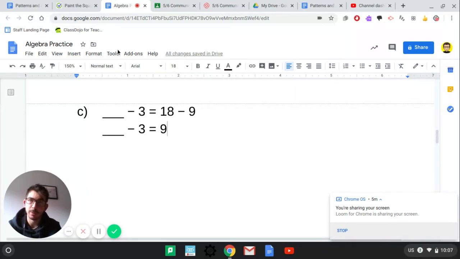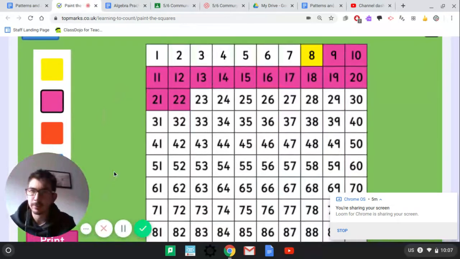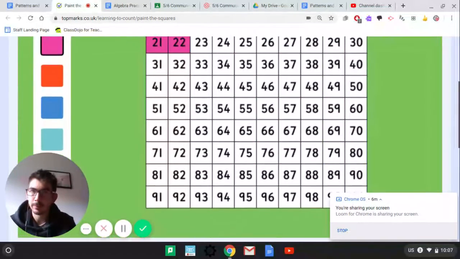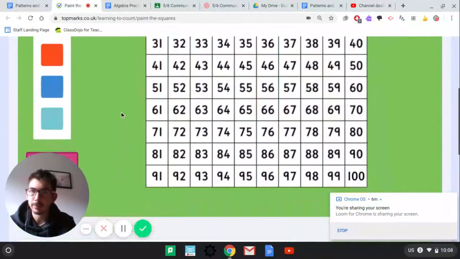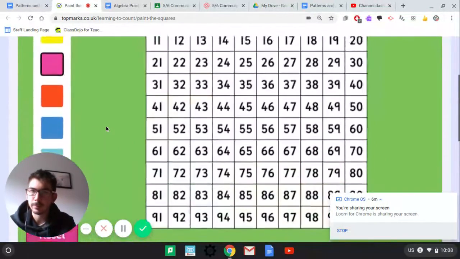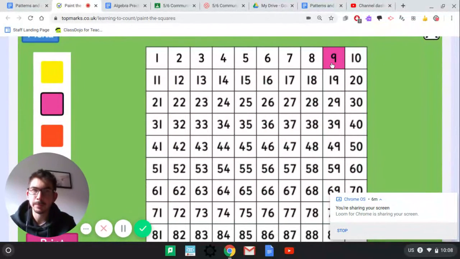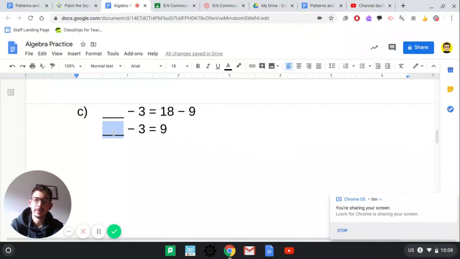Again, we're going to use what we already know. 9 and 3. So if I calculate the difference between these numbers, I should find my missing number. So from 3, we're going to go 1, 2, 3, 4, 5, 6. Then I've got 6 minus 3 equals 9.